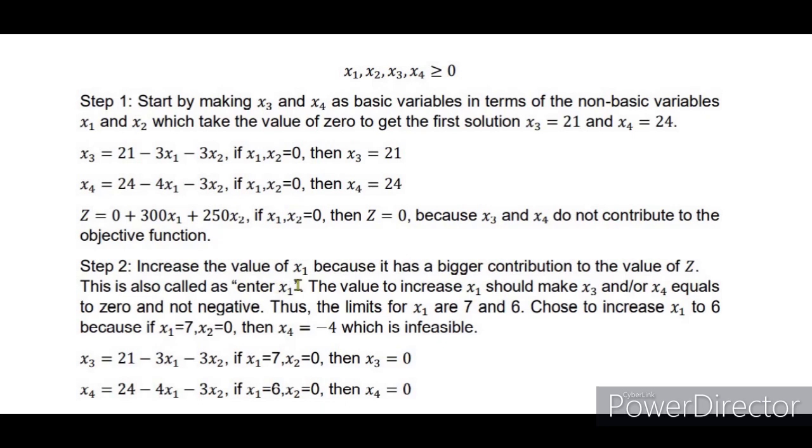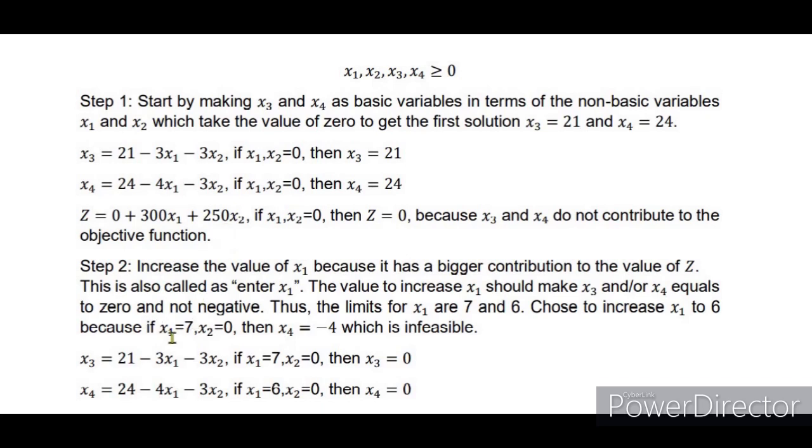Increase the value of x sub 1 because it has a bigger contribution to the value of z. Why? Because the numerical coefficient of x sub 1 in the objective function, which is 300, is higher than the numerical coefficient of x sub 2, which is 250.